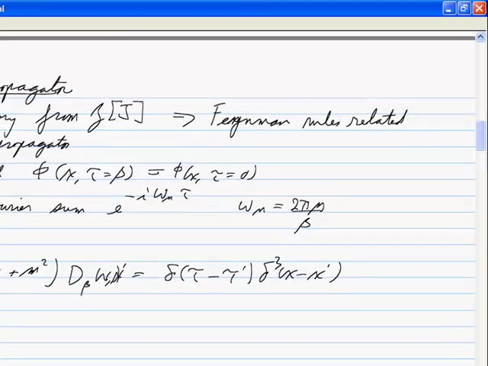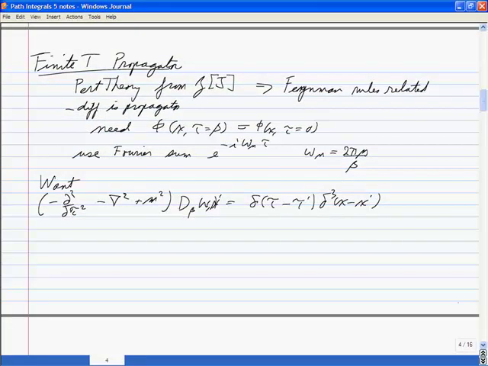Okay? And you do this by imagining that you've got D beta of x is, well, spatially it's the same, d3k over 2 pi cubed.